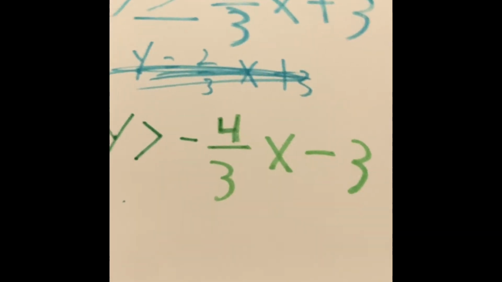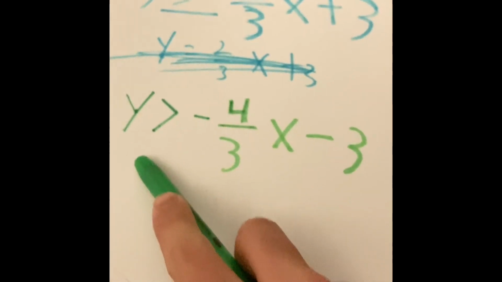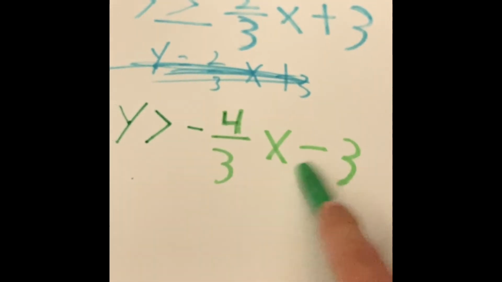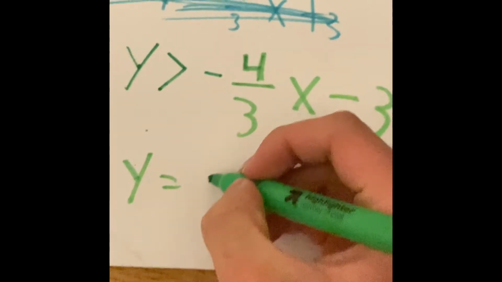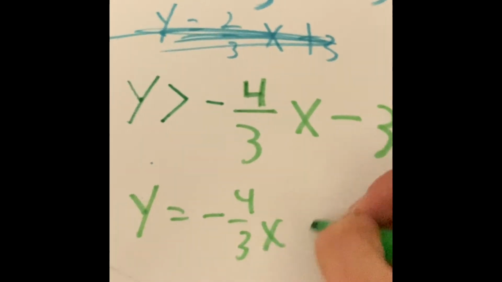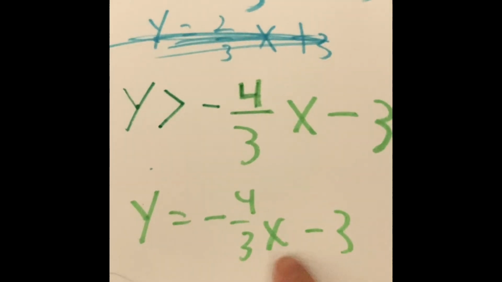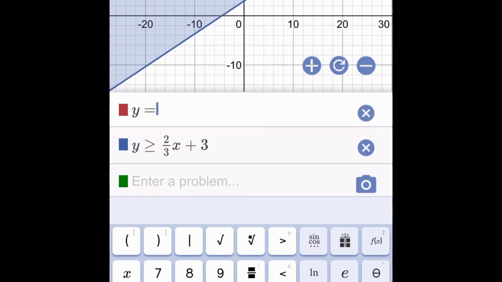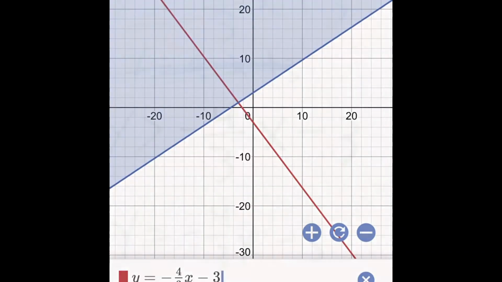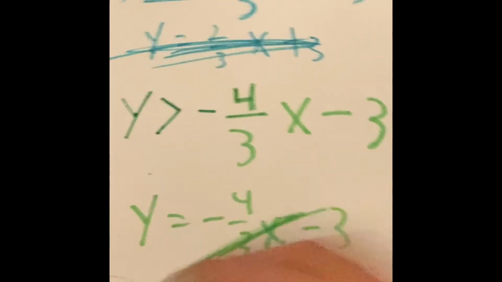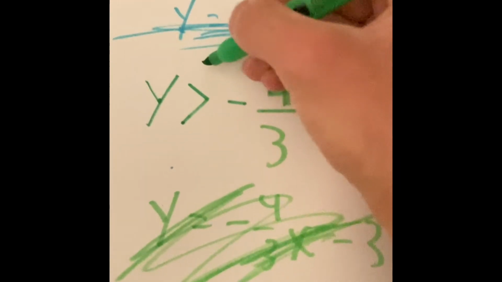Now, all we need to do is the green one. Y is greater than negative 4 over 3x minus 3. But we can interpret that as y equals negative 4 over 3x minus 3. Let's put it on the graph. Okay, now we can get rid of this equal sign and replace it with the greater than sign.